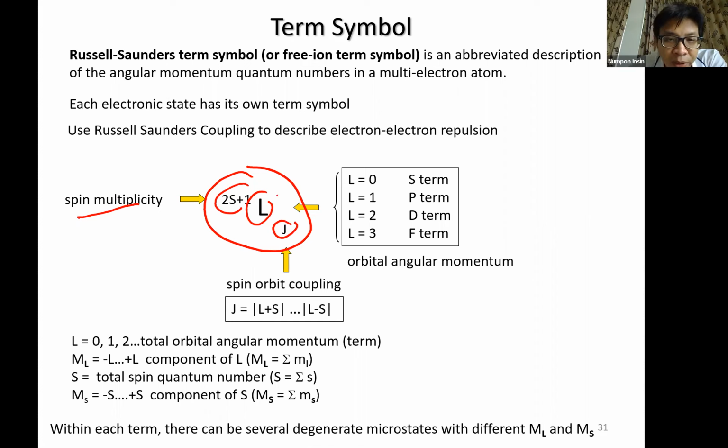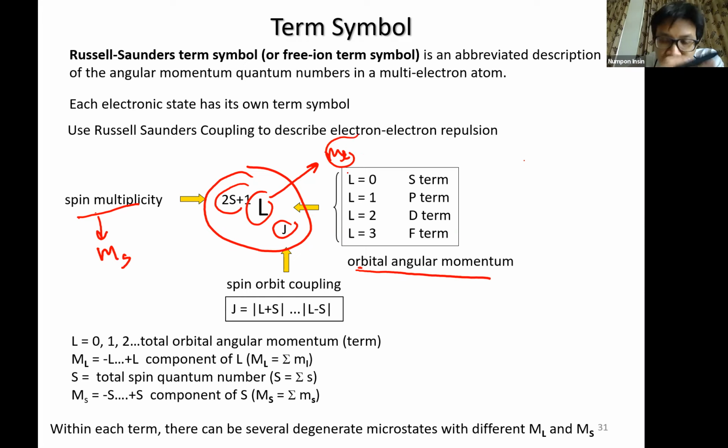Okay, so L is the orbital angular momentum. You can think of L as actually coming from the ML. You have many ML in the system; every electron has its own ML quantum number. And the spin multiplicity comes from the MS, or the spin quantum number of the electron. In the system you have many electrons, and the ML values are gonna couple together.